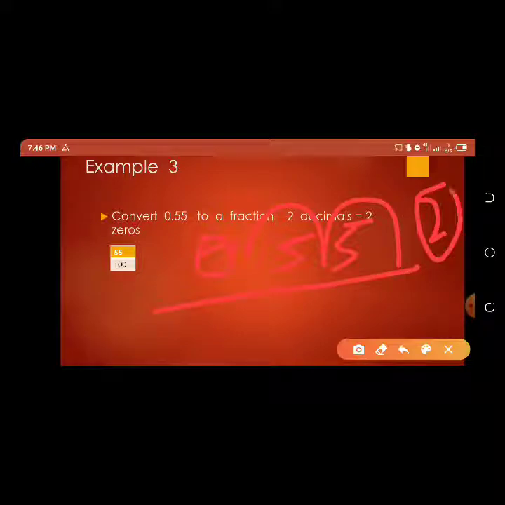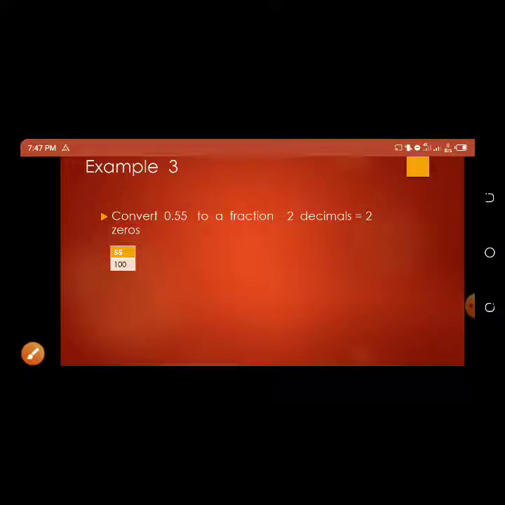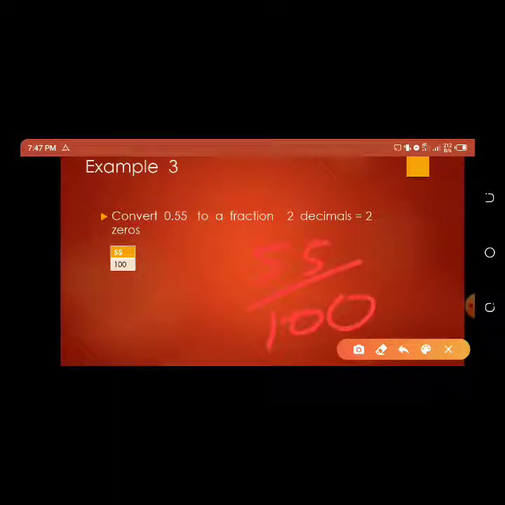My 2 decimal points becomes 2 zeros, and I put 1 in front. So my answer will be 55/100. But you know that you can still divide through. 5 in 55 is 11. 5 in 100 is 20. Your answer will be 11/20.